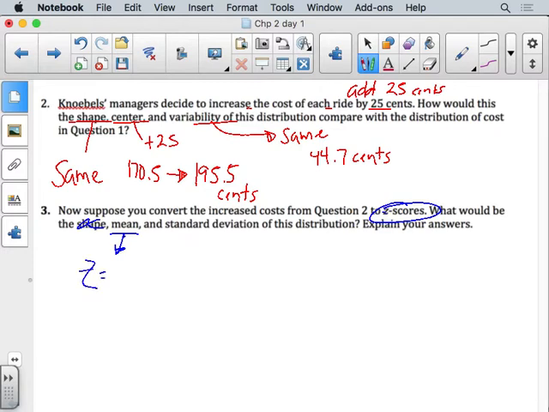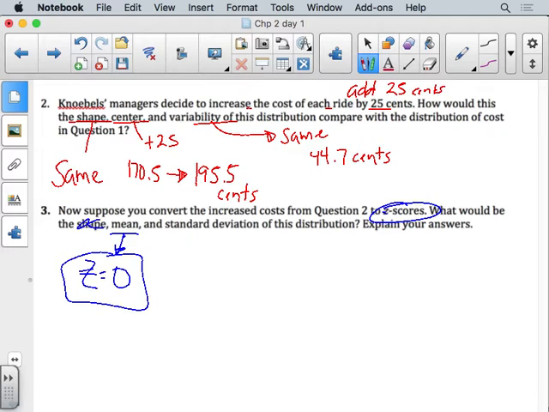Z would equal what for a z-score? The mean has a z-score of 0. Z equals 0 for the mean.